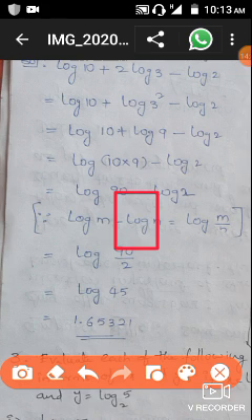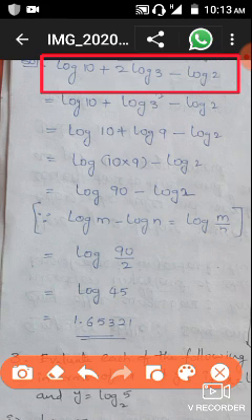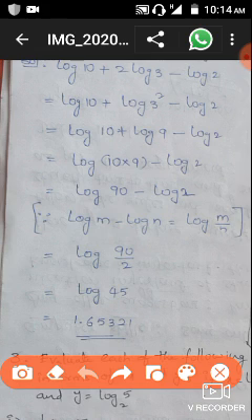The question is log 10 plus 2 log 3 minus log 2. Three terms are given, see carefully. First step, we should write the question again.